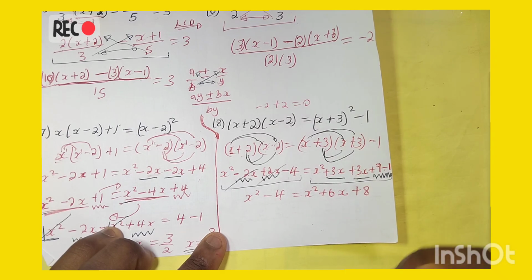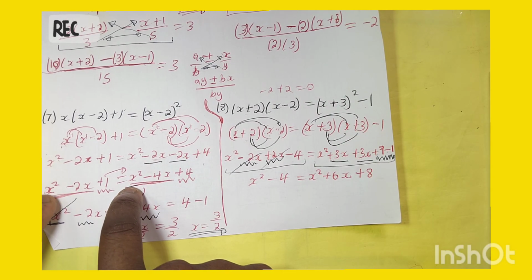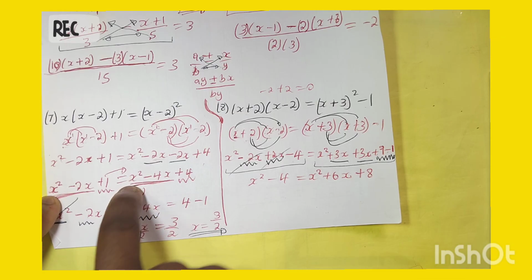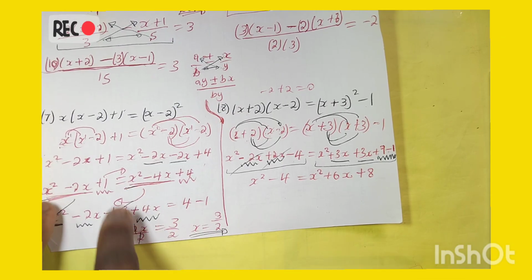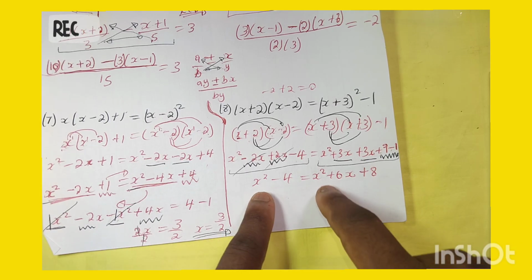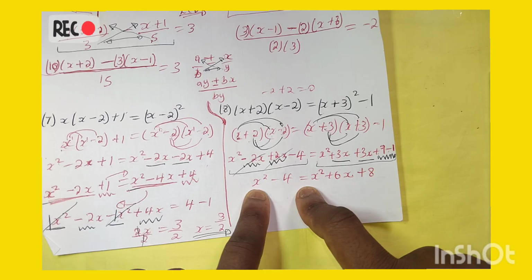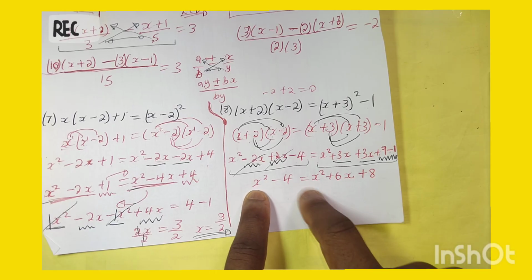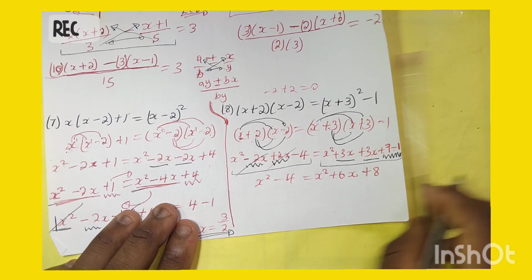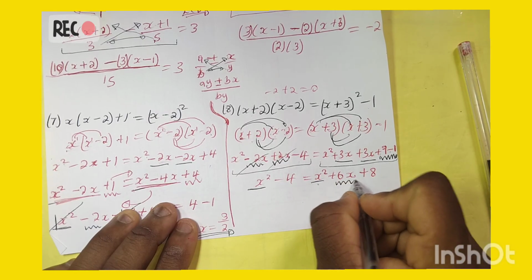Do you see? And I even told you guys, when you see two things that are equal, that are the same, they cancel. Do you see? I even proved that to you. Meaning even here, when I see the same thing on the left hand side and the right hand side, they will cancel. But let me just prove it to you. These two things are the same, and this one is also x squared.